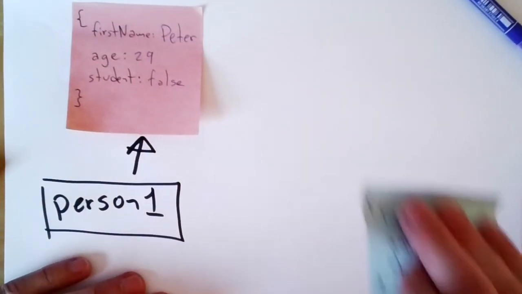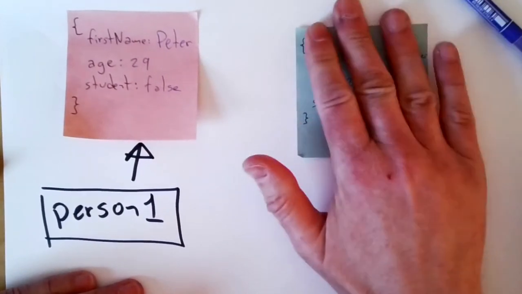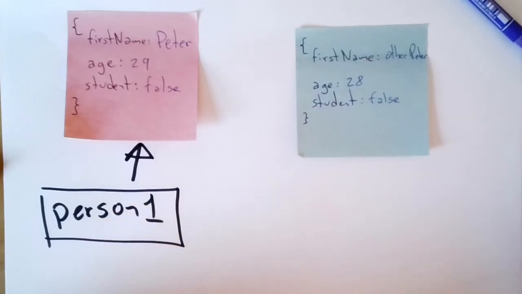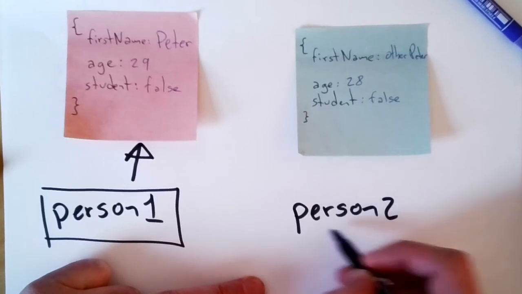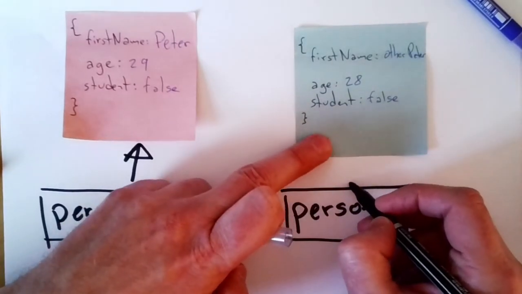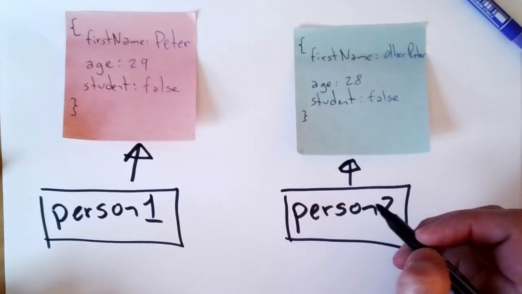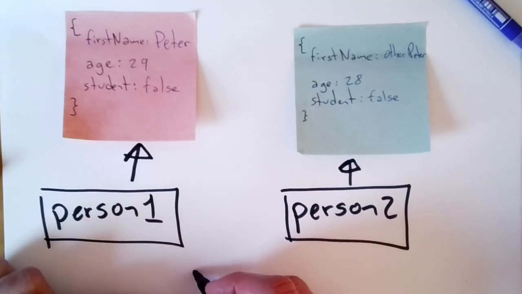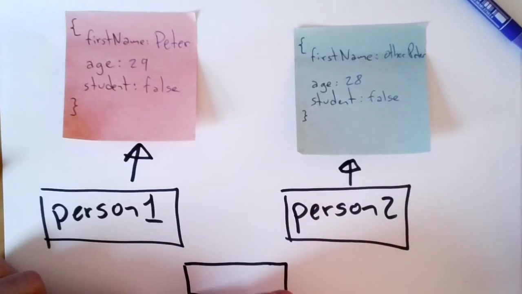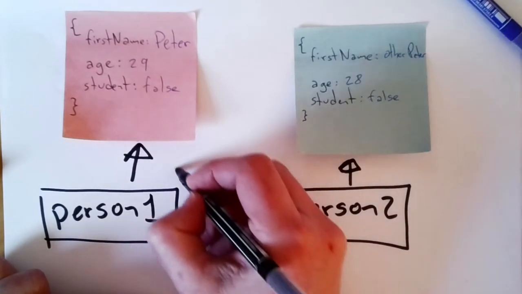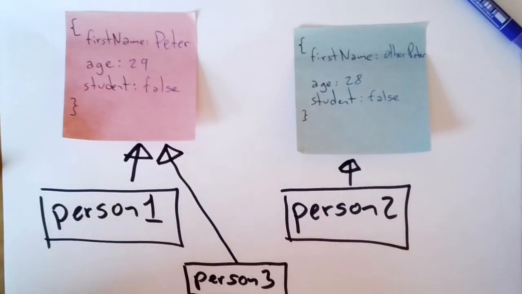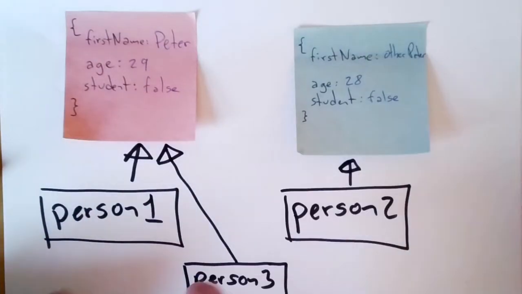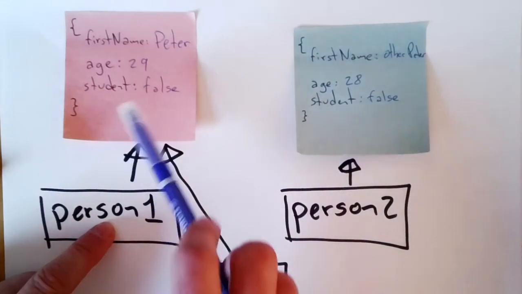Then we have the other object here, the other Peter, and then we have person 2, and that's referencing this object. And then when we create our third variable, person 3, that also references the first object. So no matter if we take a look at person 1 or person 3, it's this object.